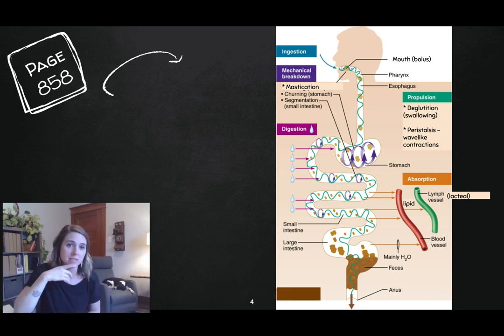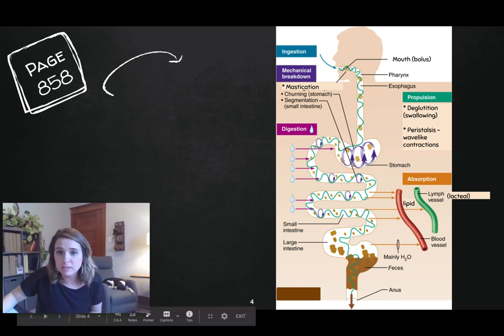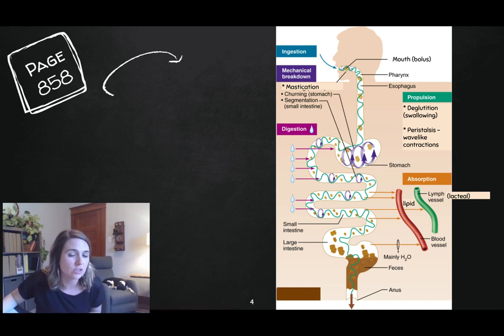It doesn't have to do with length, but with diameter. When you get to the large intestine, pretty much all of absorption is done. You're not getting any nutrients out of that anymore. But what your large intestine does do is reabsorb water. So on this very bottom arrow going into the blood, draw a little line to it and say that this is mainly water that's getting absorbed out of the large intestine.